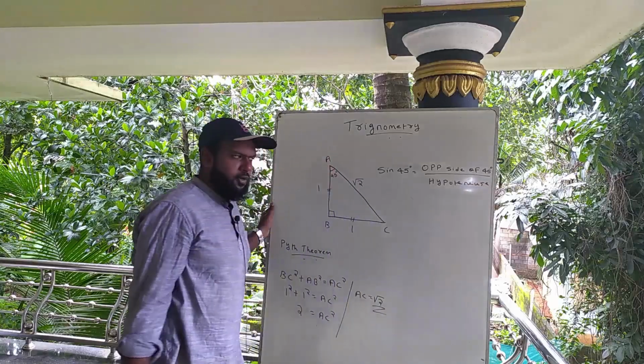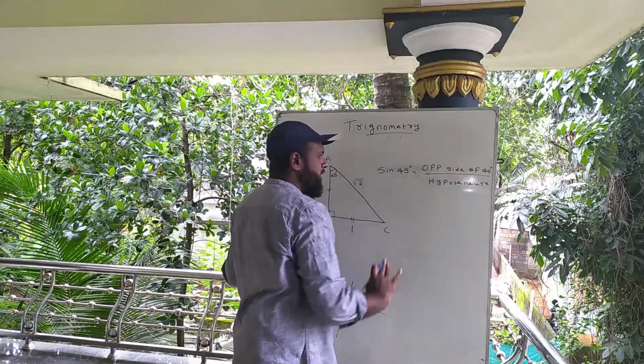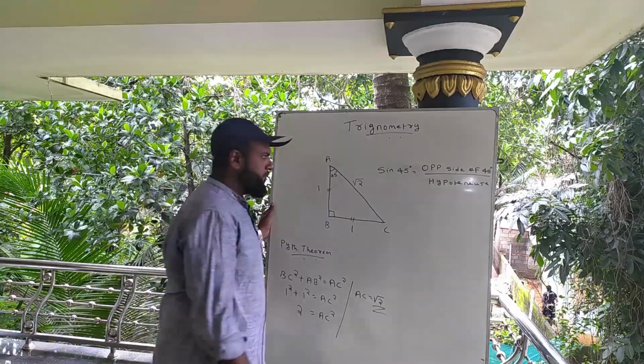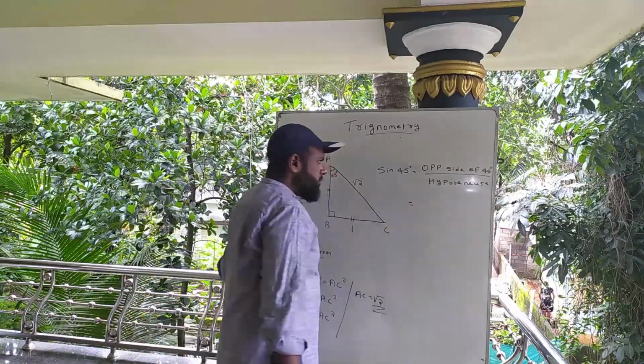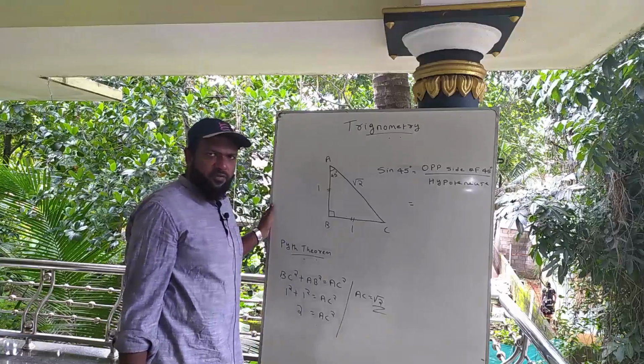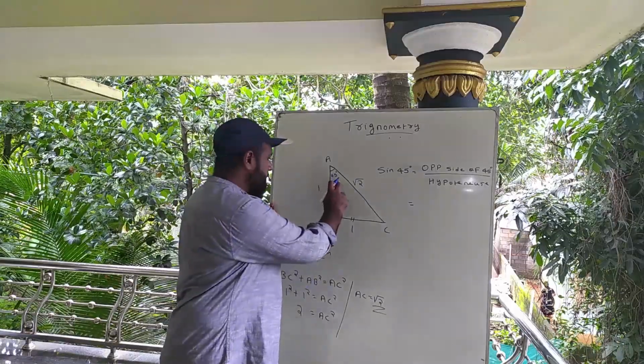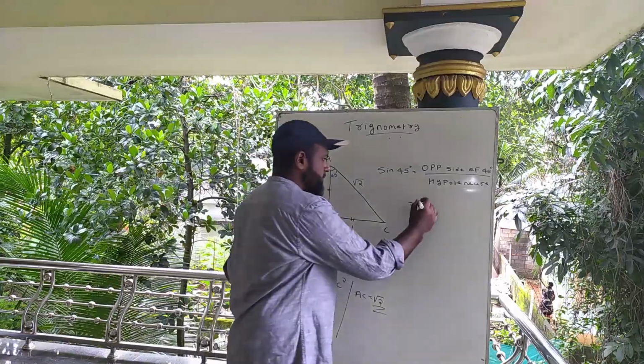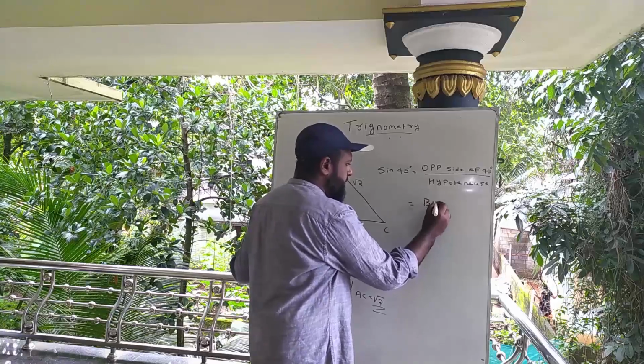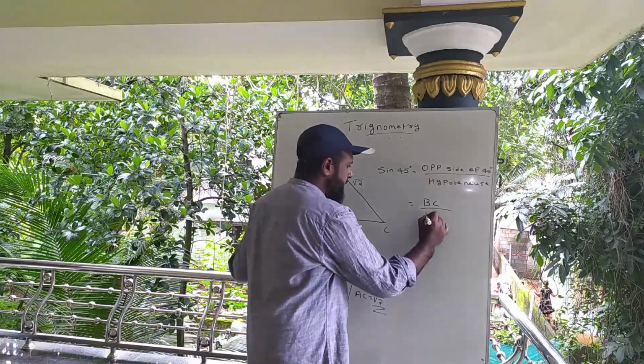Sine 45 degree is the ratio of the opposite side of 45 degree divided by the hypotenuse. What is the opposite side of 45 degree? That is BC. BC by AC.